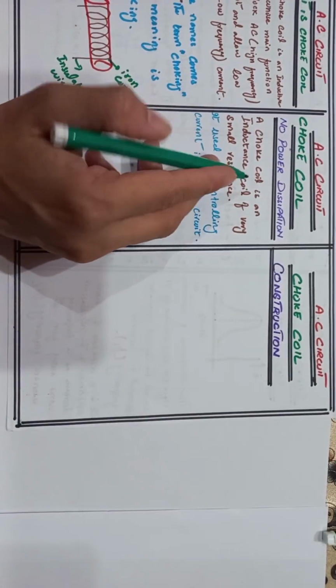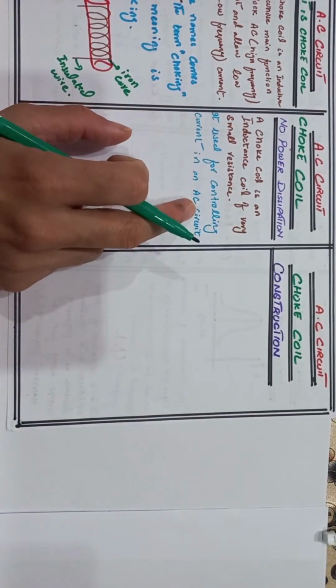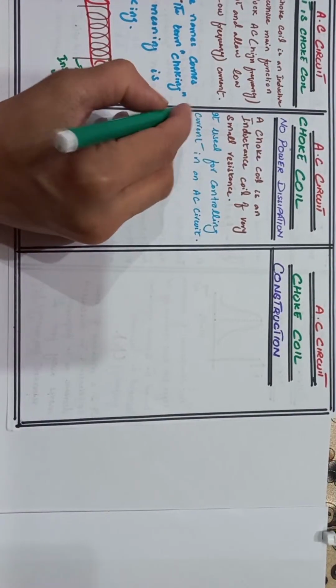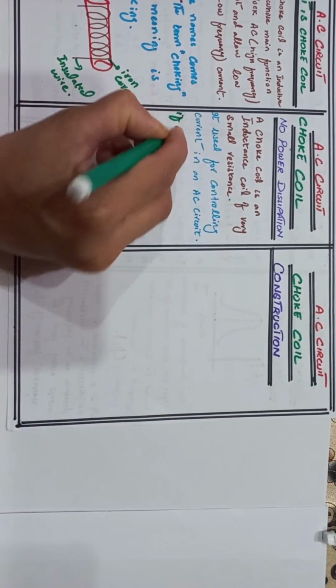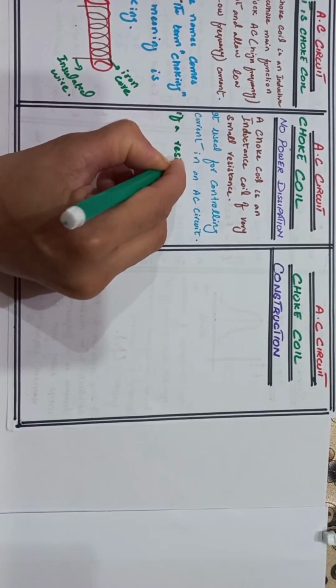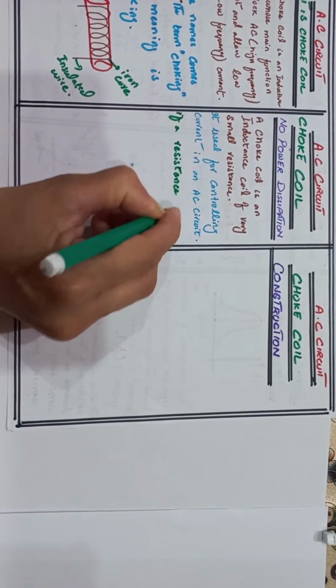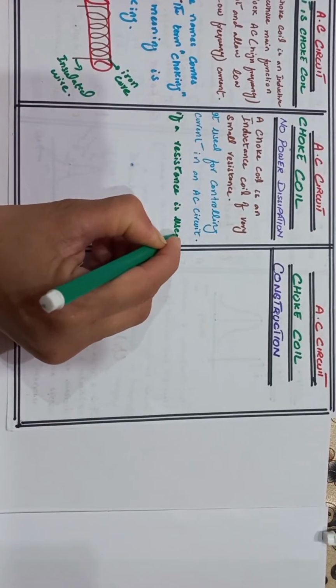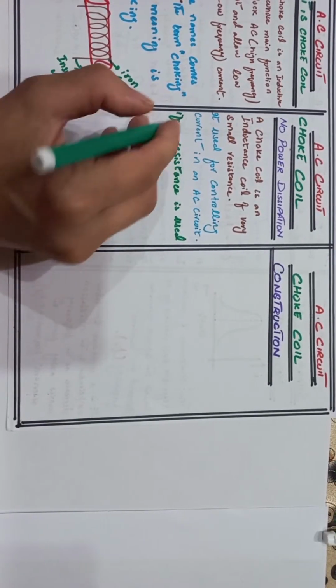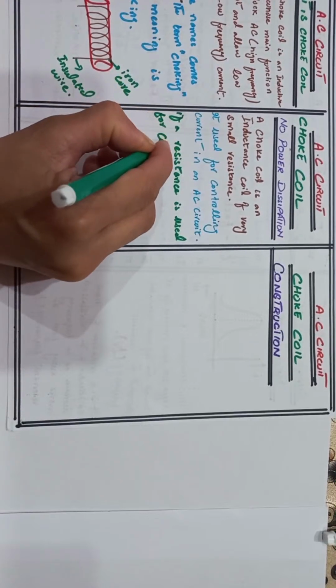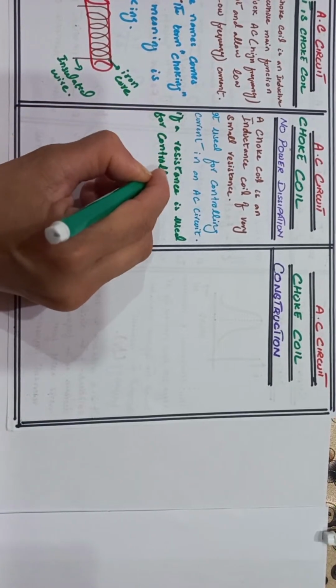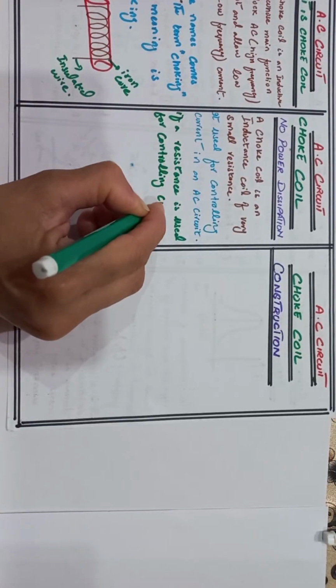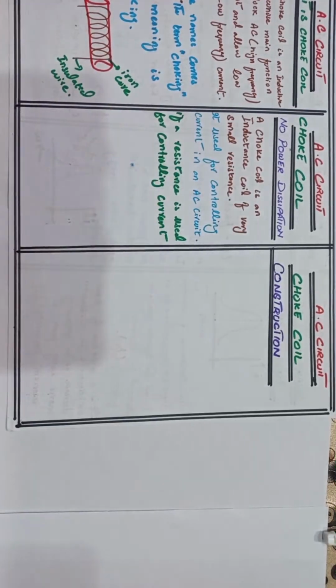Here we write that if we do not use the inductance coil and we use a resistance, if a resistance is used for controlling current, there is wastage of power due to the Joule heating effect.